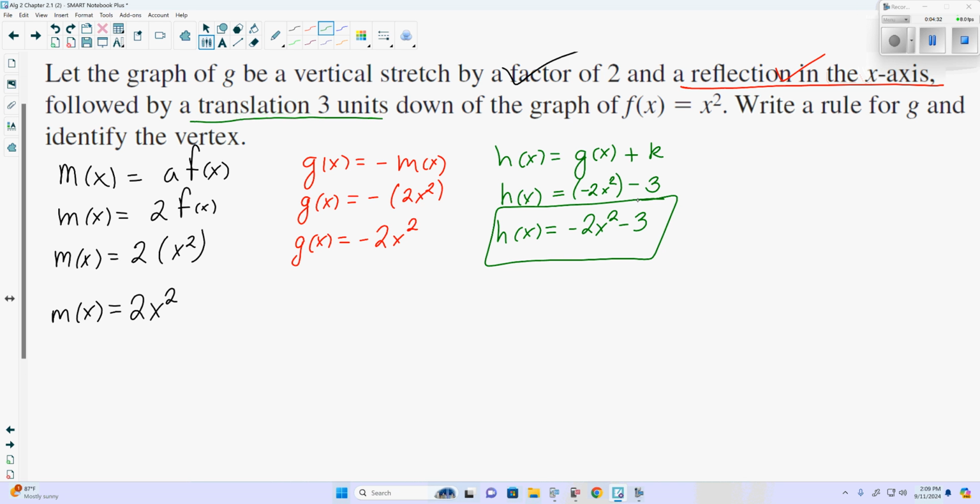That's it there. Questions on this here? I think now that we've seen it a few times, it's making a little more sense, yeah? Questions on this here?